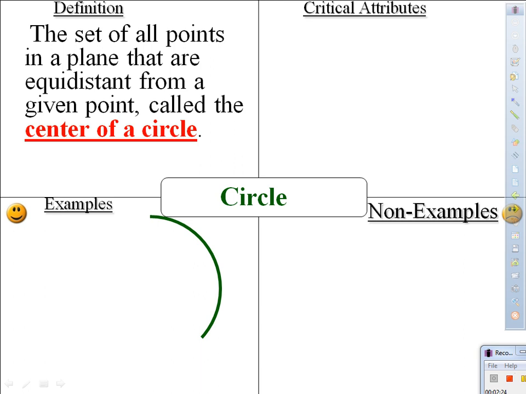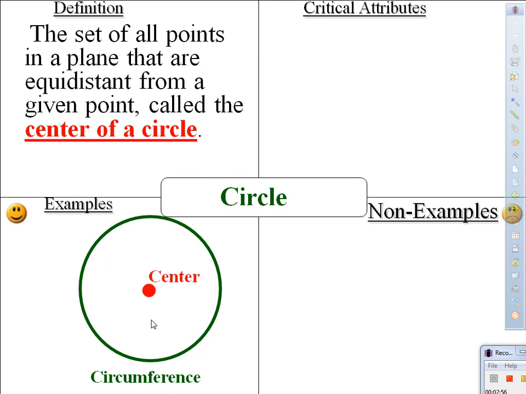When you sketch all the way around the circle, that's also called the circumference. So according to the definition, a circle is formed when all these points are equidistant from a point called the center. There's a center. That's what makes the circle.